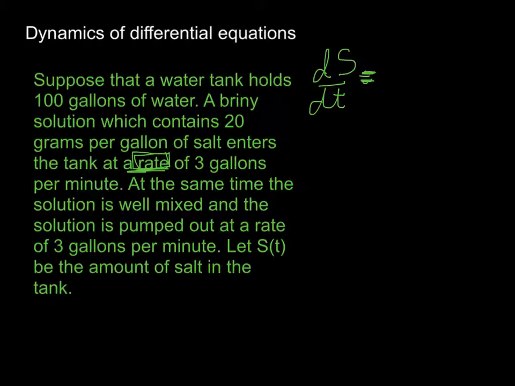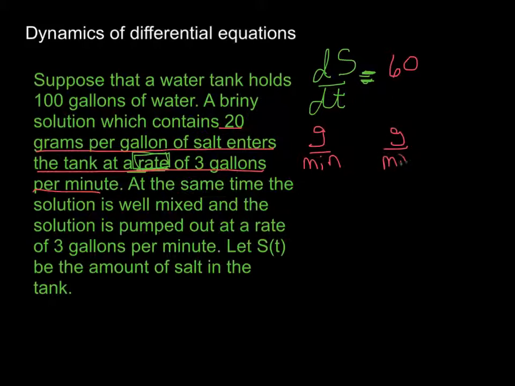So 20 grams per gallon of salt enters a tank at a rate of 3 gallons per minute, which means that we have 60 grams per minute coming in. And again, checking the units, this is grams per minute.